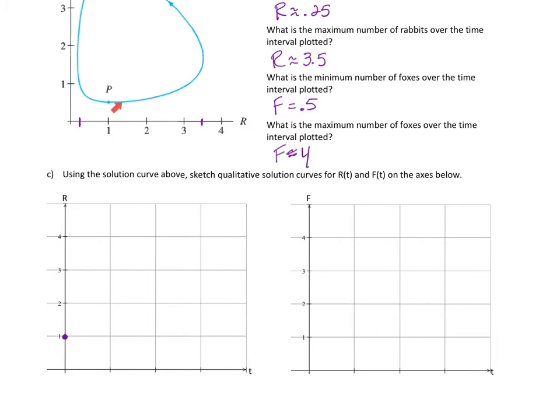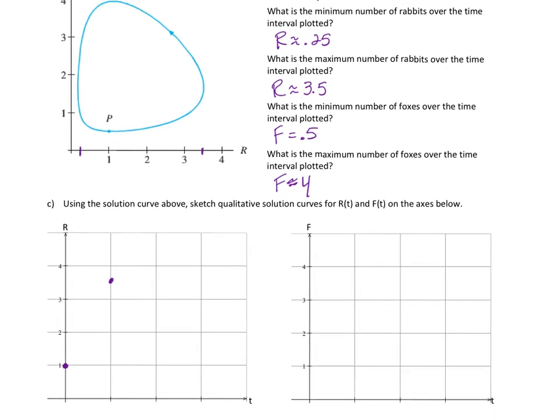As I follow the curve, I'm moving to the right, which means R is increasing, until about right here, when the number of rabbits hits its maximum, which is about 3.5. So I'm going to plot 3.5 rabbits, and my function is increasing from 1 rabbit to 3.5 rabbits. I have no idea how much time passed in between, which is why there is no scale on the t-axis.